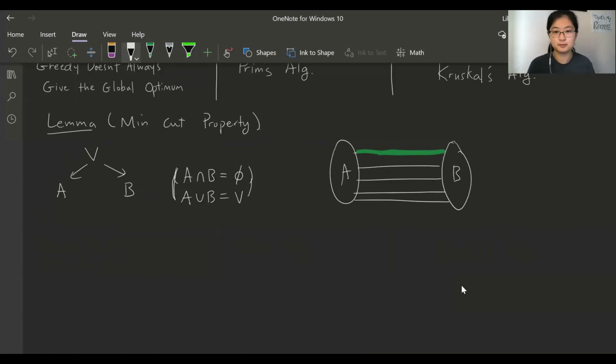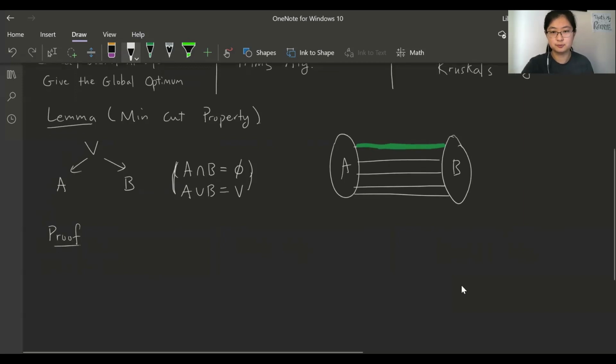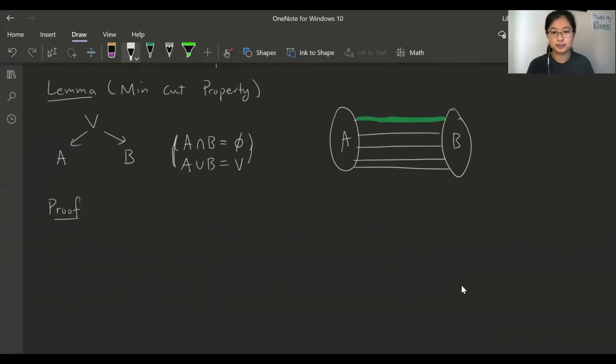Okay, let's prove that. This is a short sketch of the proof. The proof relies on something called the substitution principle. And we'll do a proof by contradiction, which should be familiar from CS170. Let's call this edge small a. Suppose a is not in the minimum spanning tree.